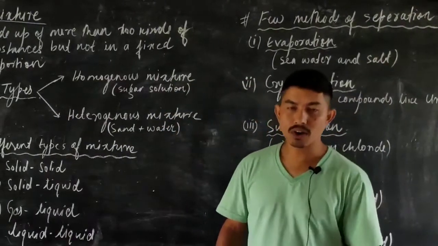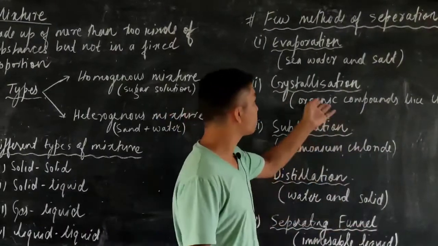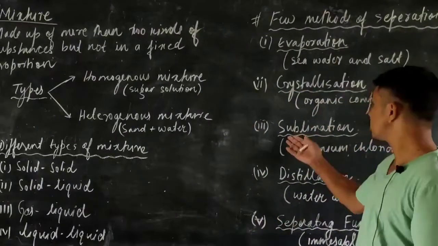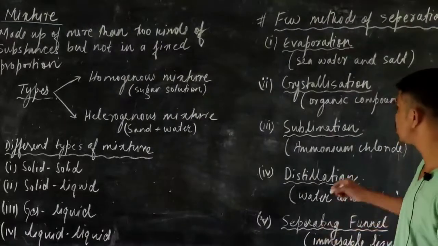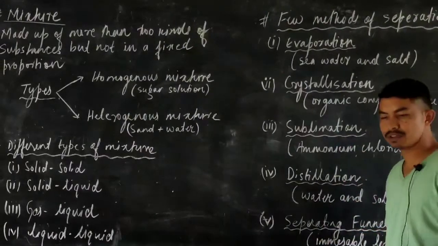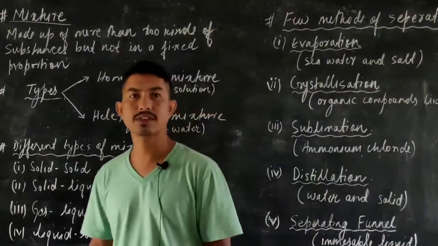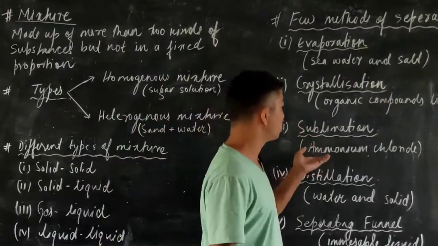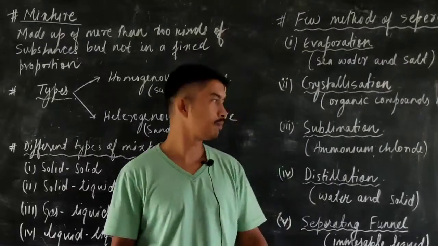Usually organic substances like urea, glucose and fat are obtained by the process of crystallization. Coming to the third process, that is sublimation. We already know that sublimation is the process in which a solid directly changes into the gaseous state when heated. By such methods, substances like ammonium chloride and naphthalene can be obtained.